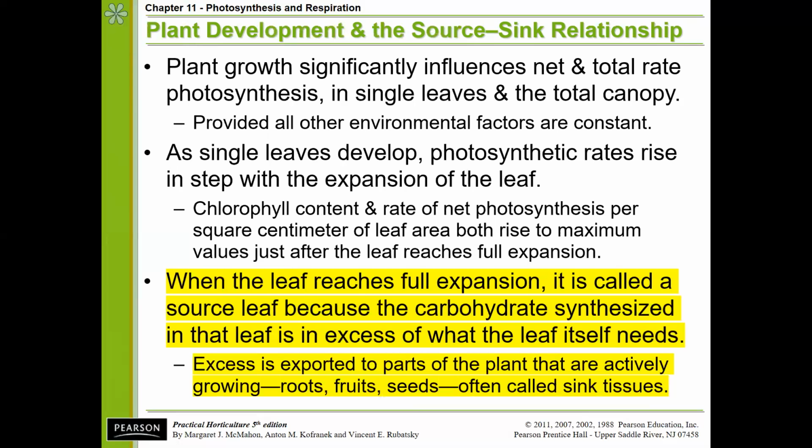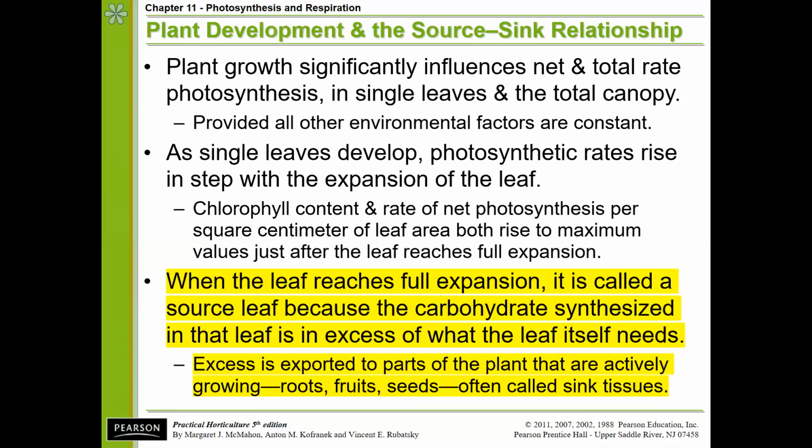They export that and move it to other plant parts such as roots, fruits, and seeds, which in turn are sink tissues. So know the difference between a source and sink tissue. Really, only leaves are source tissues, except in some desert plants where the leaves have been modified, mostly in cacti.